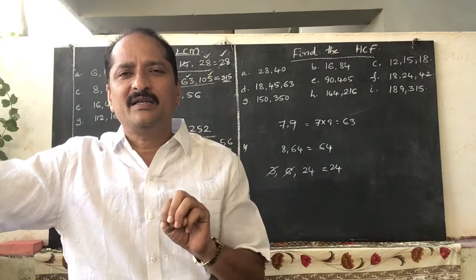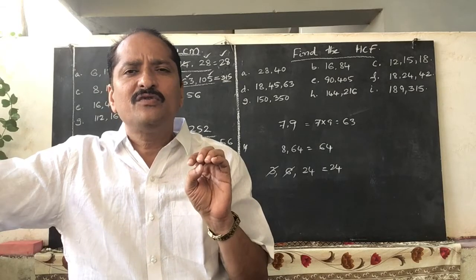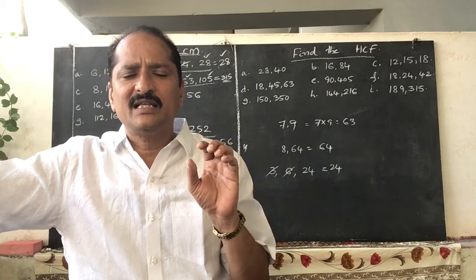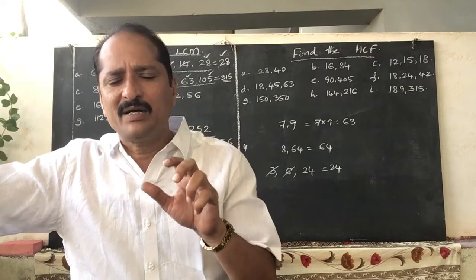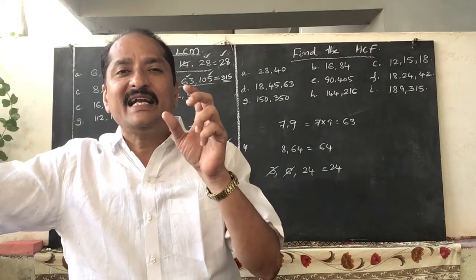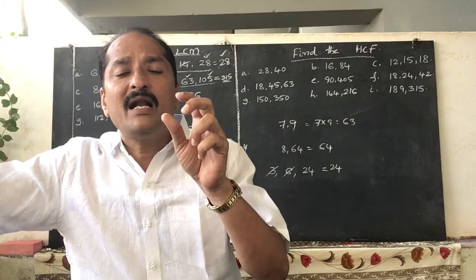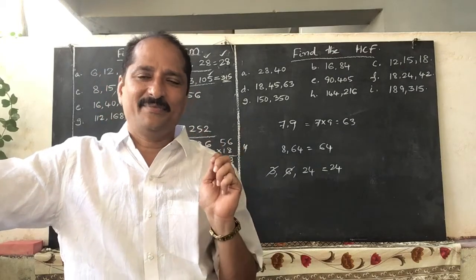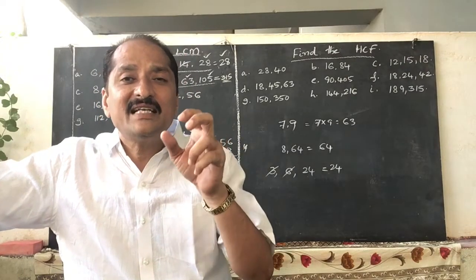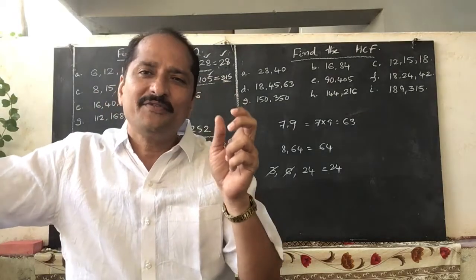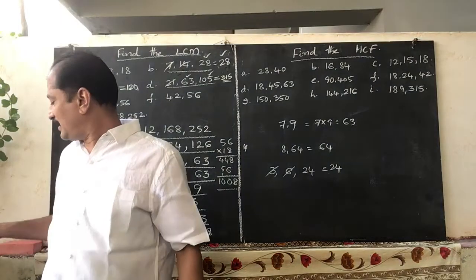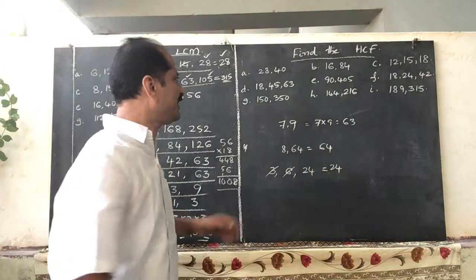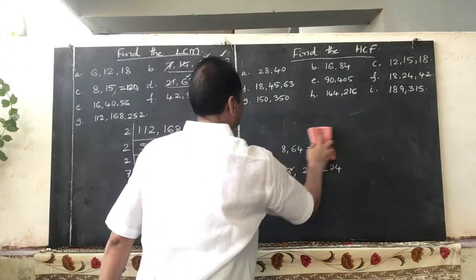And third property: the LCM of two or more numbers will be the greatest number if the greatest number is a multiple of the smaller number. Okay, use these properties and you can find out LCMs. So like this, you will have different questions in finding the LCM.